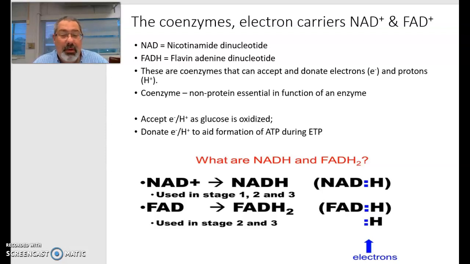So look at the pronunciation of the names here. Nicotinamide adenine dinucleotide, NAD. FADH, flavin adenine dinucleotide. So each one of these electron carriers accepts hydrogen atoms and carries them to the 3rd stage of respiration, which is called electron transport chain.